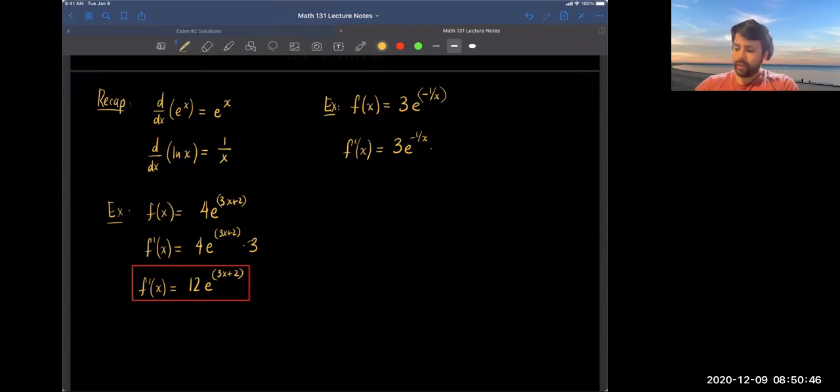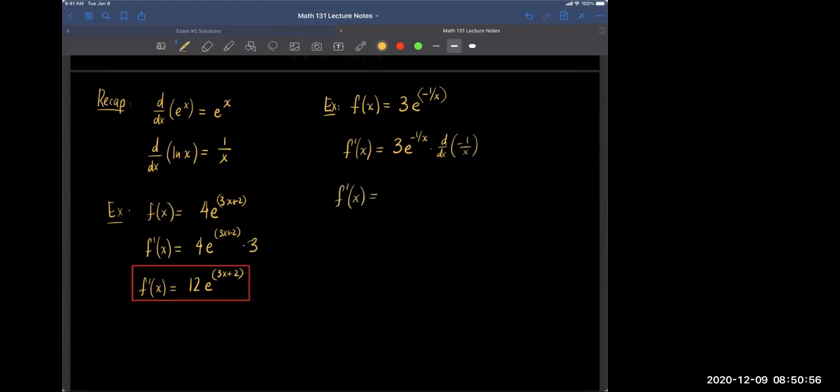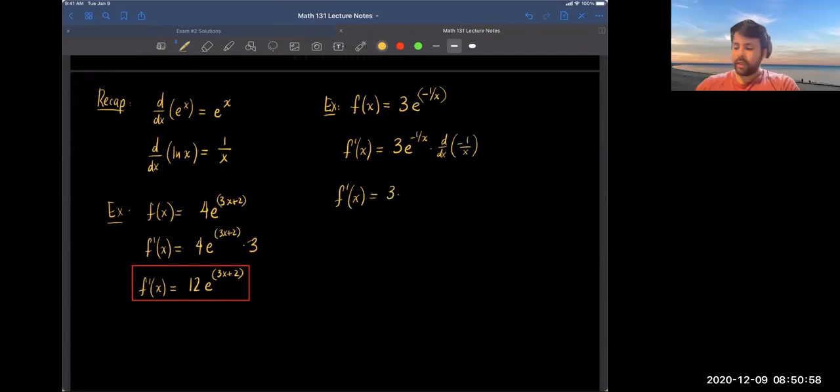So I'm just going to write this a little more explicitly. What's the derivative of negative 1 over x? 1 over x squared. Perfect. This is 3 times e to the negative 1 over x times 1 over x squared. Perfect.